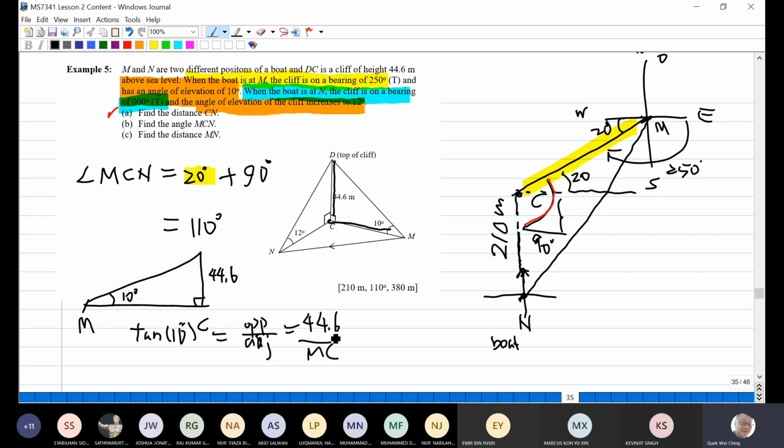So MC is equal to 44.6 over tangent 10 degrees, which is 252 or 253. So this is 253 now.